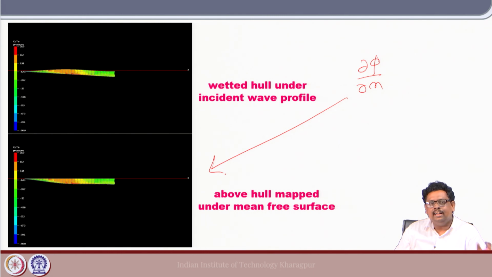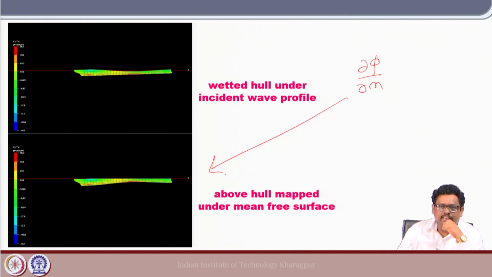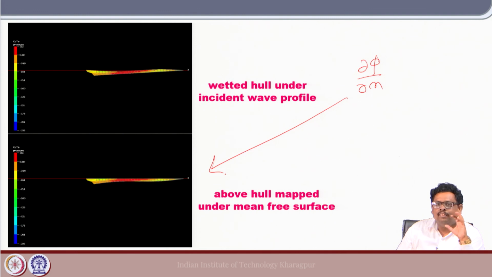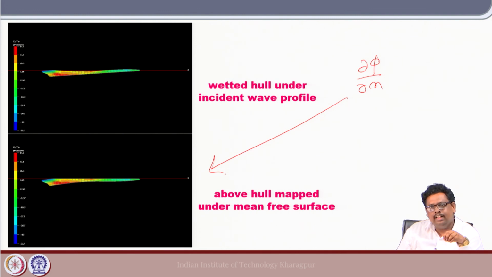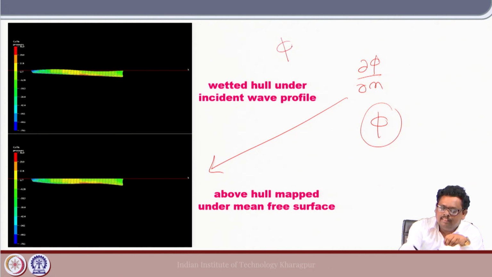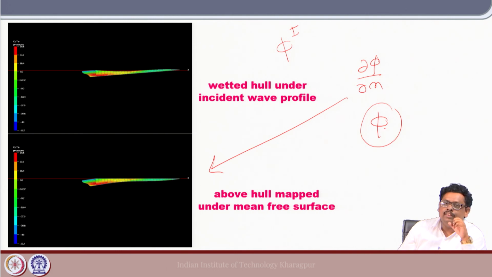Now, you can see that over time the panels again get changed. So, we need to do the remeshing, right. It is not only the remeshing, it is also about the rate of change of phi, that rate of change of phi, not phi I because that has an analytical expression, but phi is purely numerical.